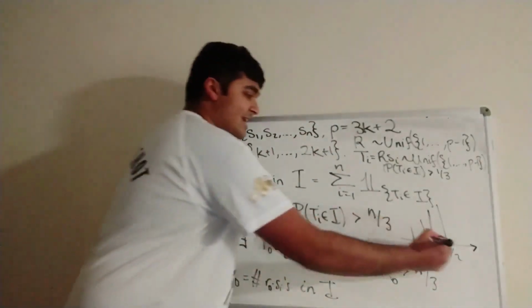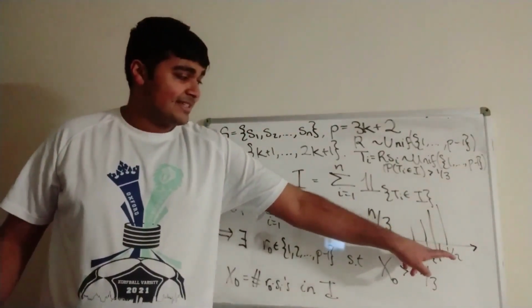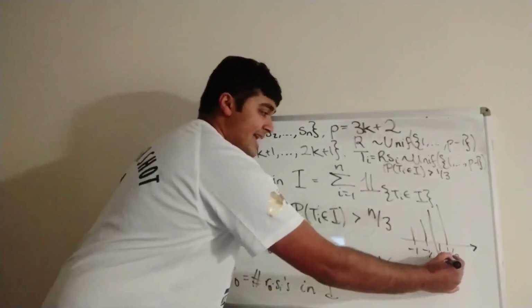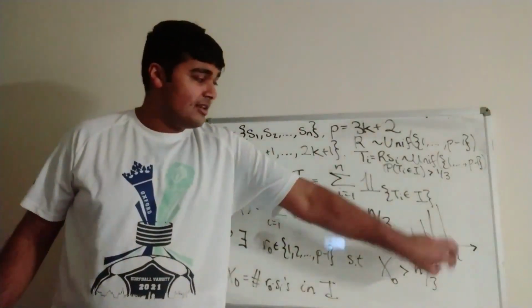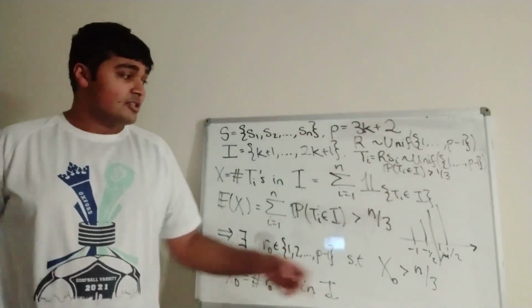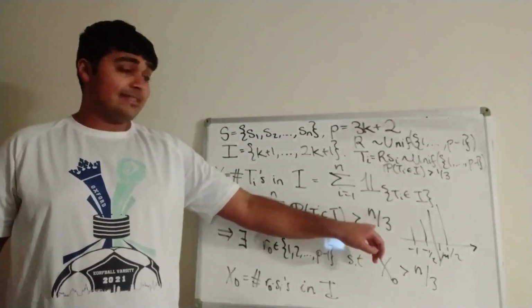We look at its expectation, say the expectation is a tenth. The expectation, mu, has to lie between the smallest value it can take, minus 1, and the largest value it can take, a half. So when we compute the expectation, which is what we did here for X, we got that it's something bigger than n over 3.